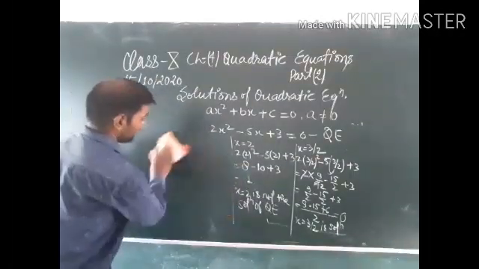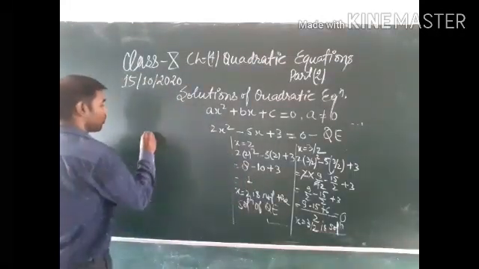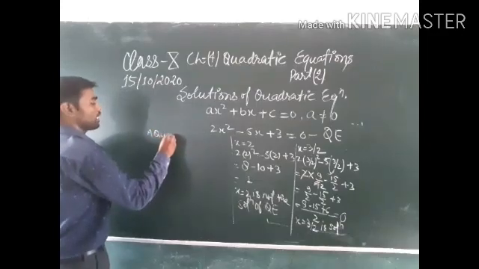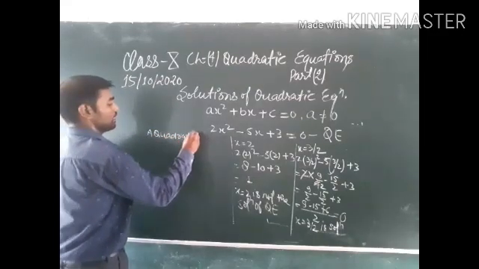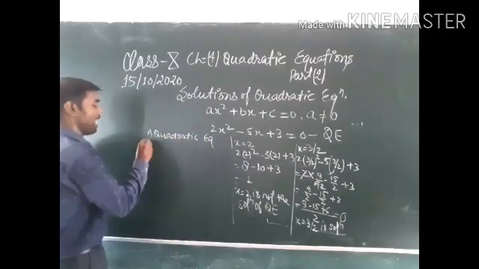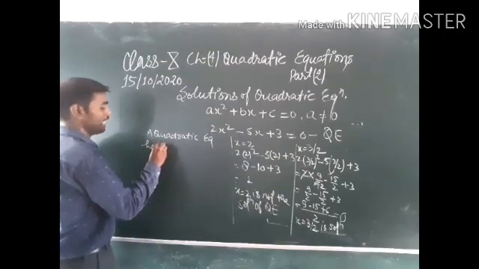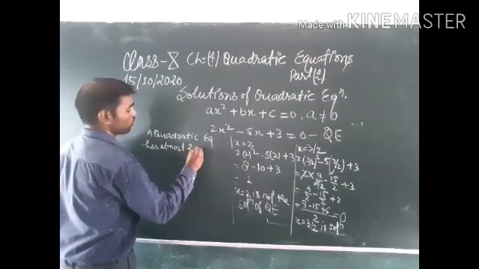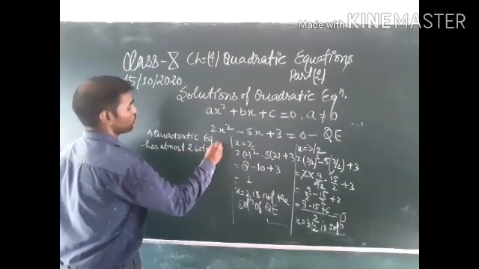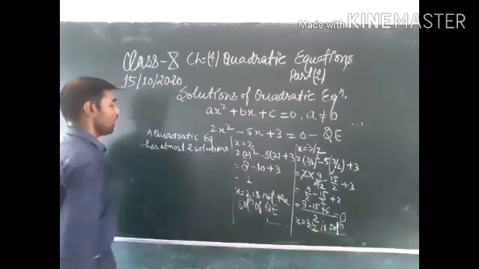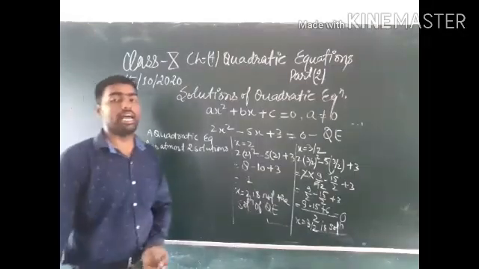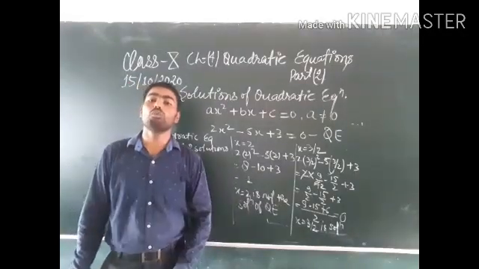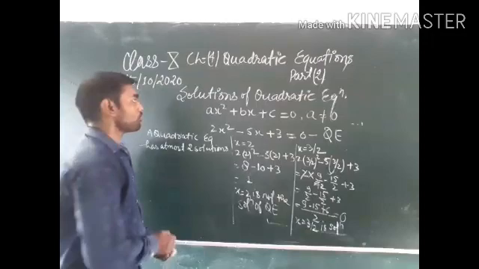We write: a quadratic equation has at most two solutions. It means a quadratic equation has not more than two solutions.